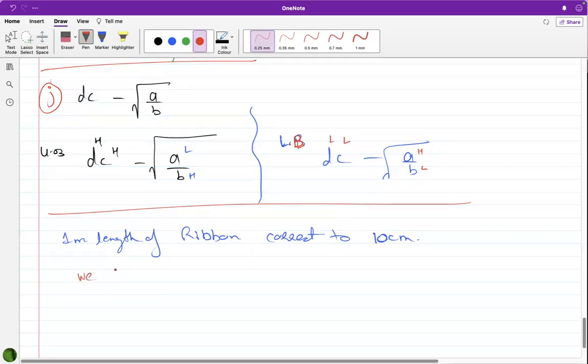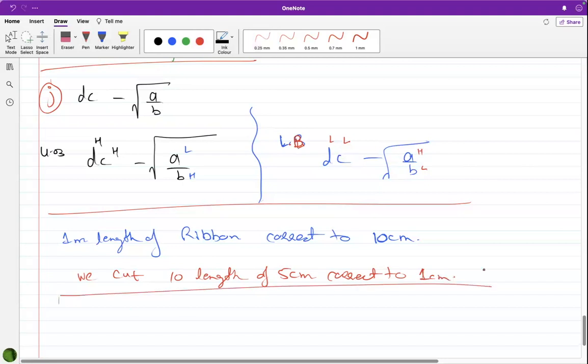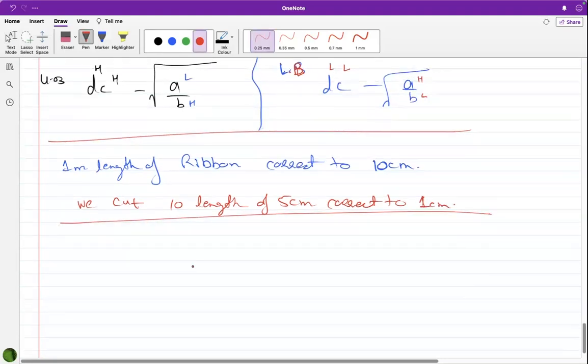And we cut 10 lengths of 5 centimeters, correct to 1 centimeter. So are these two questions or one question? One question.